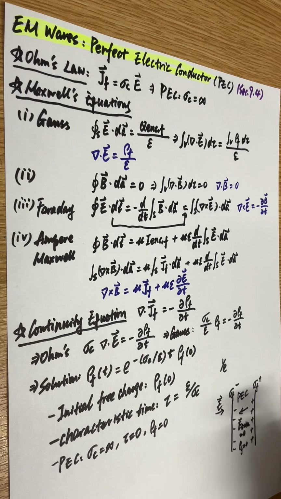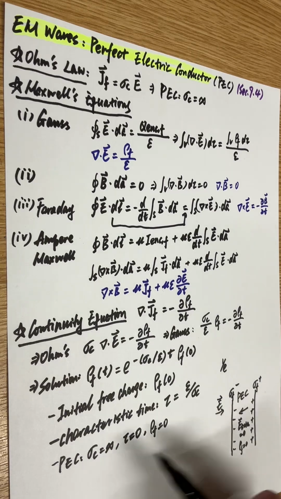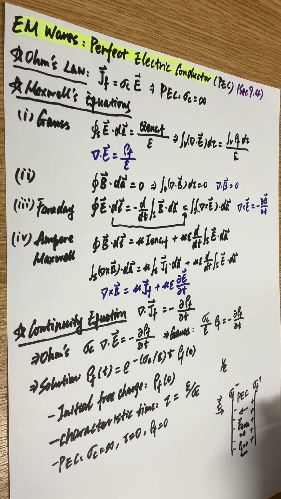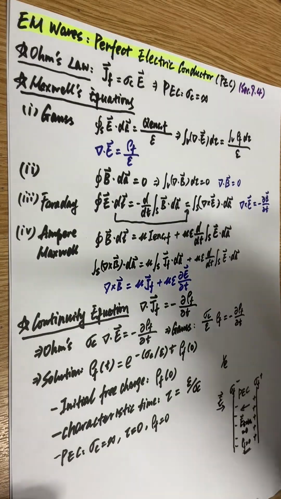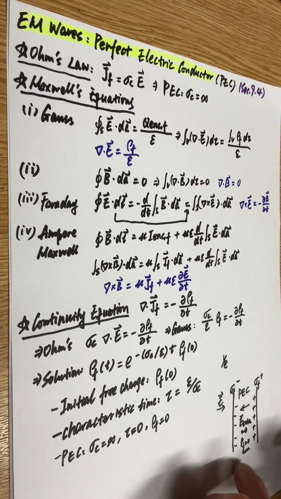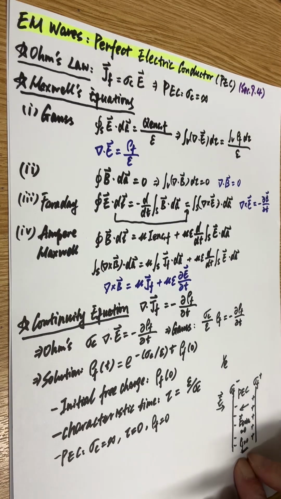So if there is a perfect conductor, then eventually we have the free charge density equal to 0 pretty much immediately. Okay, now we know that for a perfect conductor, there will be no volume charge density.